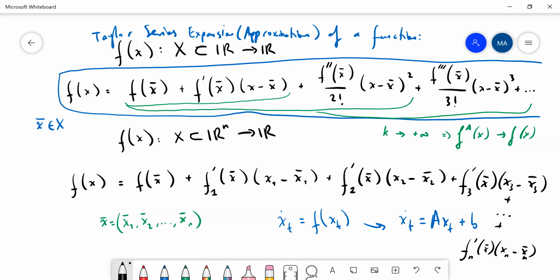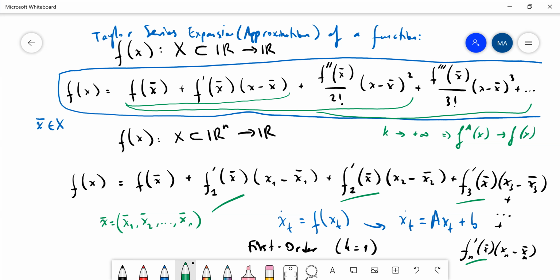Now, obviously, what you have here is the first order. Here n is some positive number, but k is just 1, because I am looking at first order derivatives. So this is the first order Taylor series approximation of this function.